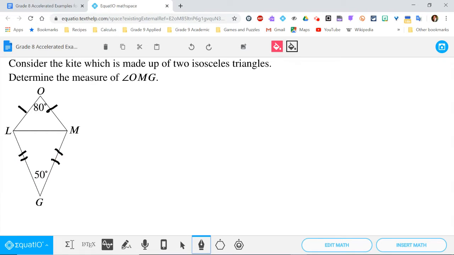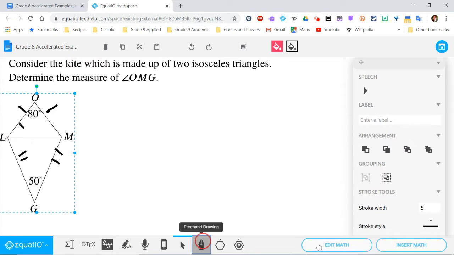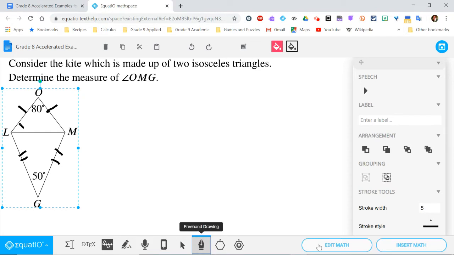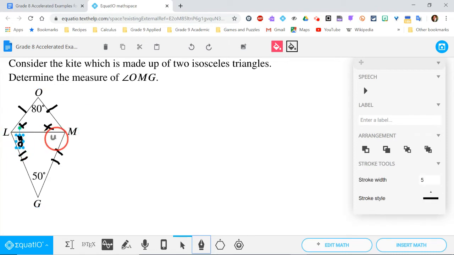So when the triangle is isosceles, that means two of the angles are the same. So I know that this angle right here is x. I'm going to call this one x. Then I'm going to call these two here y. So then I'm going to think about that.